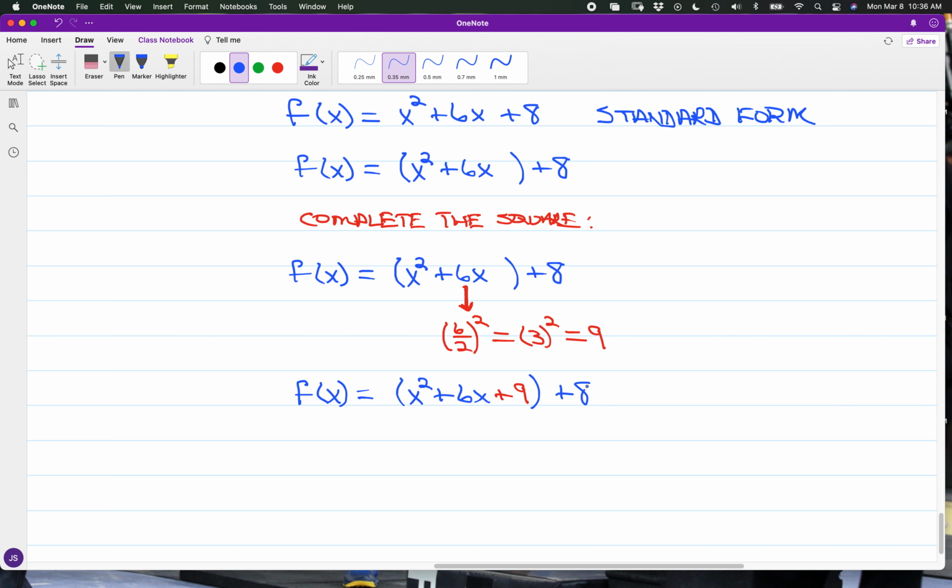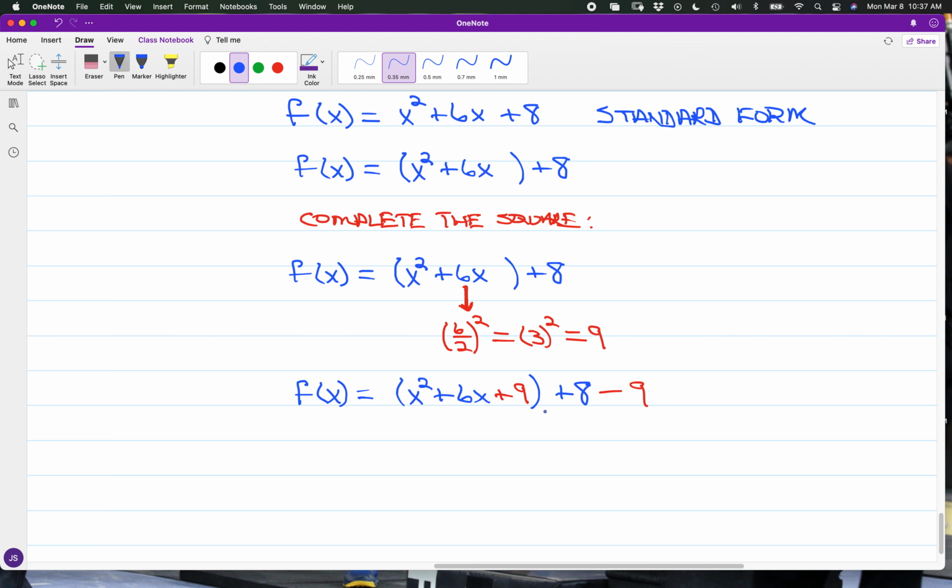But to keep everything in balance, getting it back to the equivalent of x squared plus 6x plus 8, if I just add 9 and do nothing else, I make this into something entirely different, which would be x squared plus 6x plus 17. So with the excess that is formed, what I add at the front, I'm going to take away at the back, because I'm back to the level of x squared plus 6x plus 8 with the 9's conceptually canceling each other out.